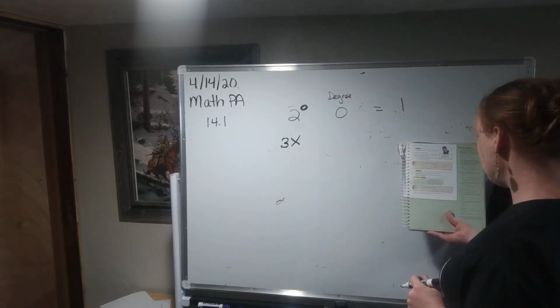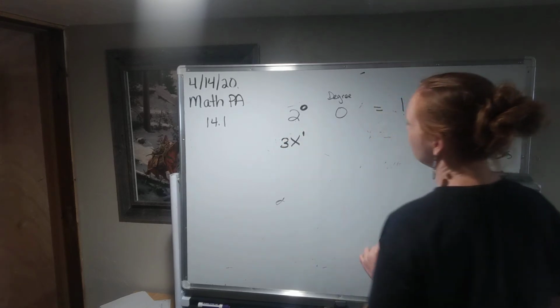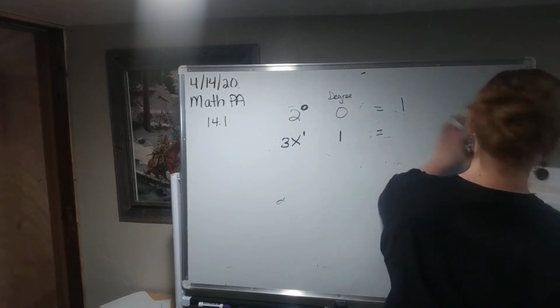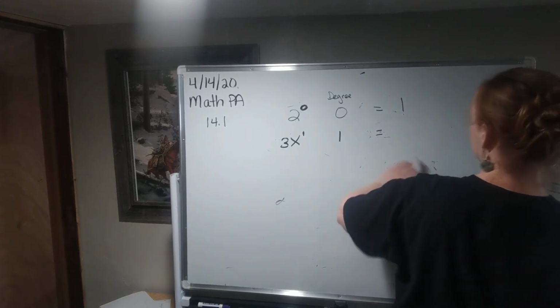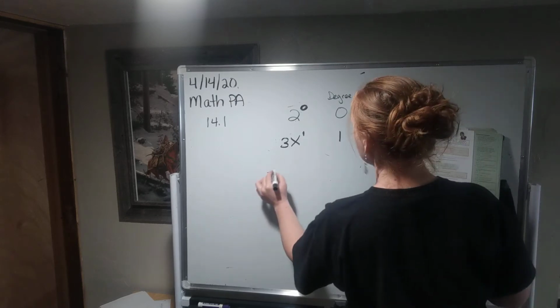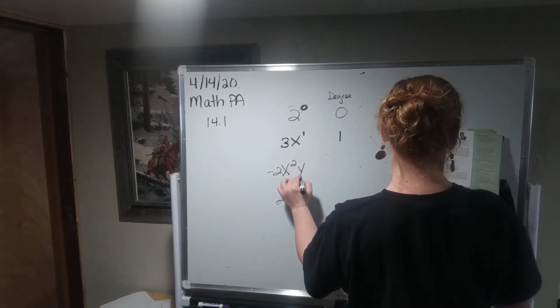3x, okay? Now, x has an exponent of 1 that's understood. It has 1 degree, okay? All right? So then let's look at the next one, negative 2x squared y.